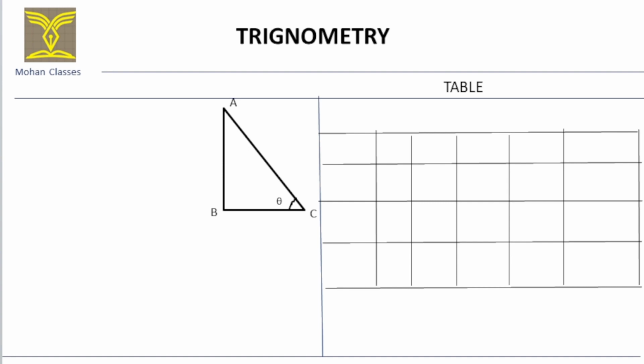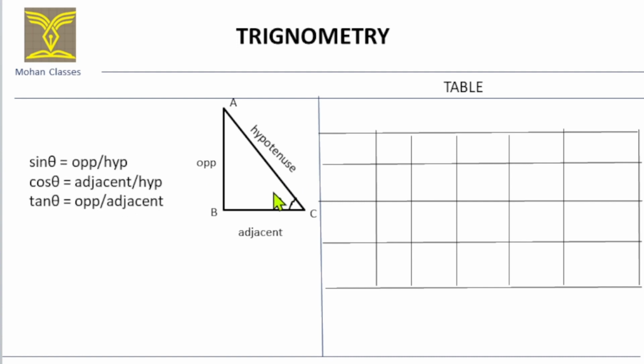Trigonometric functions are mathematical functions that relate to angles and sides of triangles. There are 6 fundamental trigonometric functions. They are sin theta, cos theta, tan theta, cosecant theta, secant theta, and cot theta. The sine of an angle is the ratio of the length of the opposite side and the length of the hypotenuse.